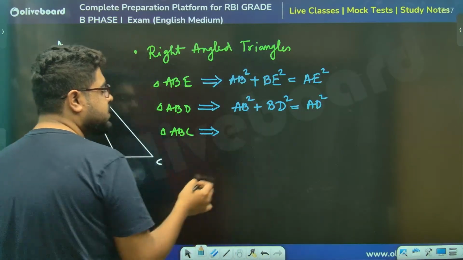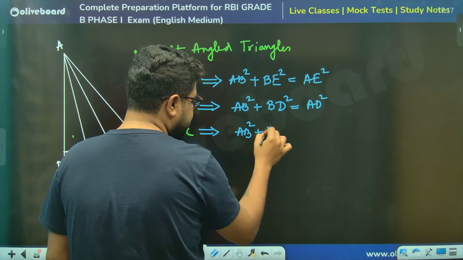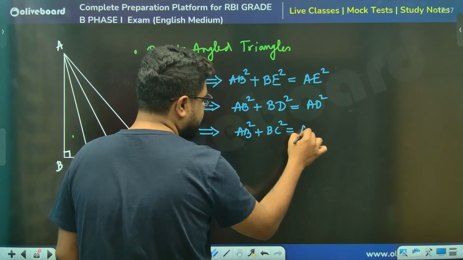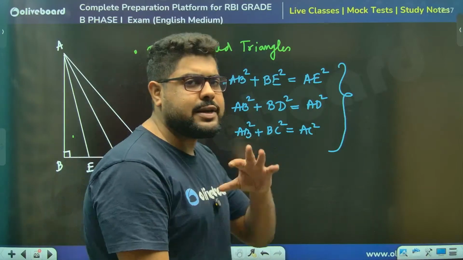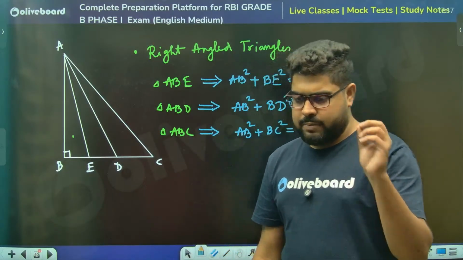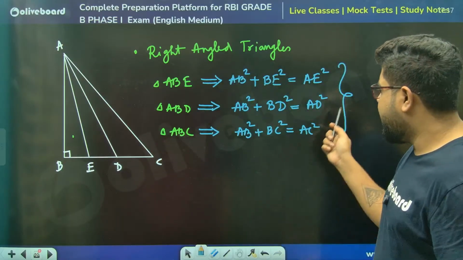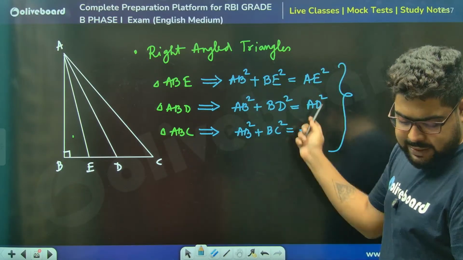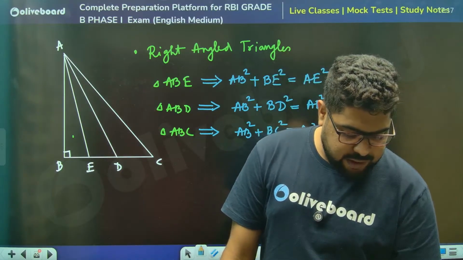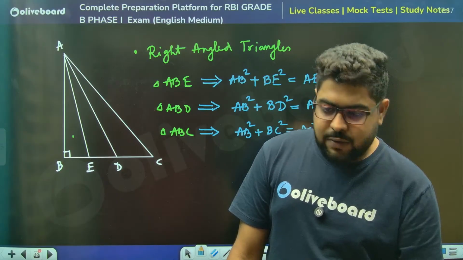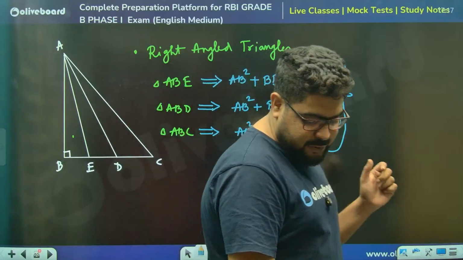For the biggest triangle, AB square plus base BC square is equal to AC square. If you take this approach and understand what is given and what they are asking, with these 3 Pythagorean equations right in front of you, you will always figure out some way to get to the proper solution.